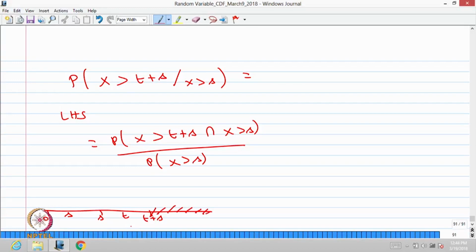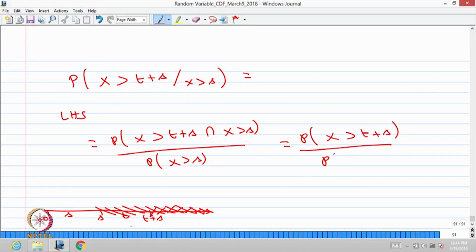When x is greater than s, that means you shade beyond s. Now you look for the common portion of x greater than t plus s with x greater than s. That is nothing but greater than t plus s. So therefore this quantity is the probability of x greater than t plus s.